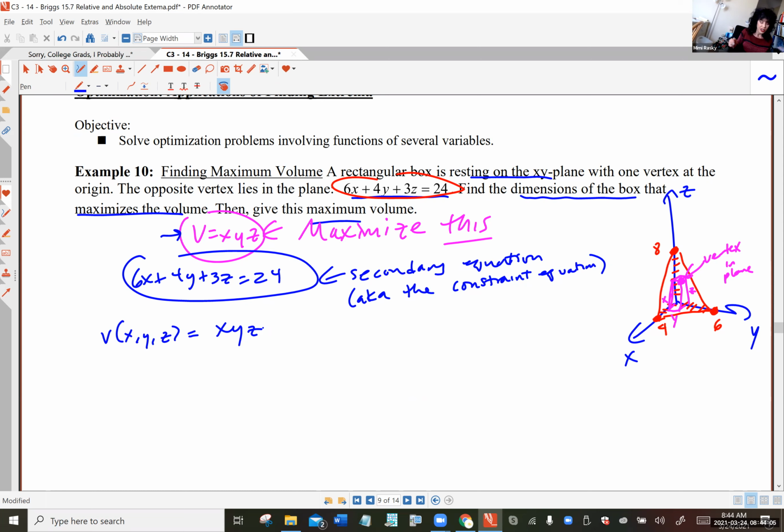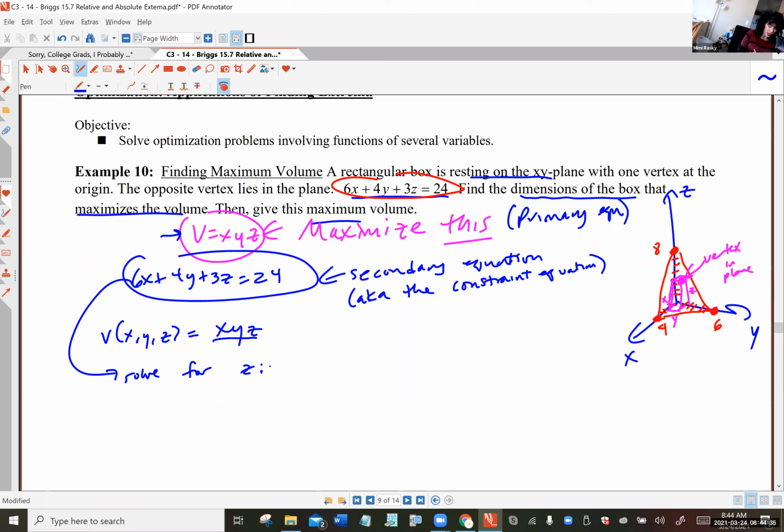So the trick is to use our secondary equation to help reduce our primary equation, the equation to be maximized here. I'll call this the primary equation. So what I'm going to do is solve the plane equation for z, and then substitute that z into my volume function and thereby reduce it to a function of 2 variables instead of 3.